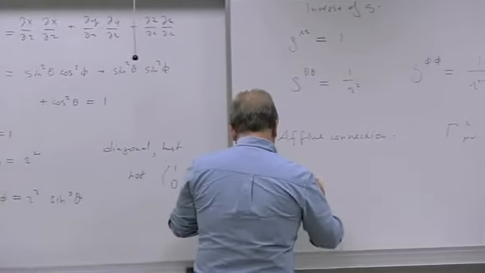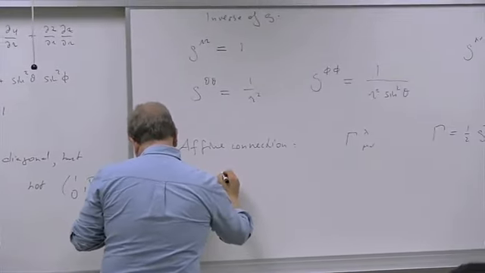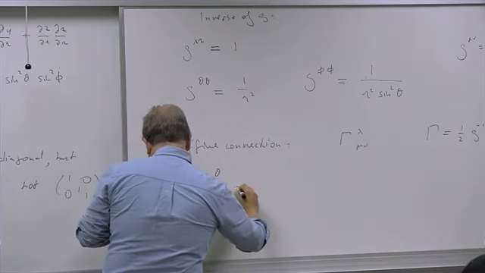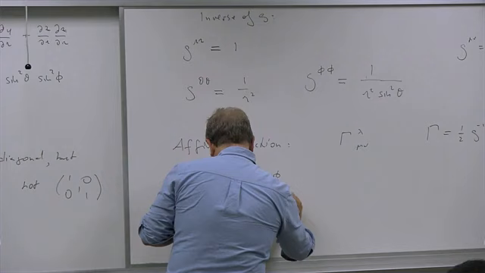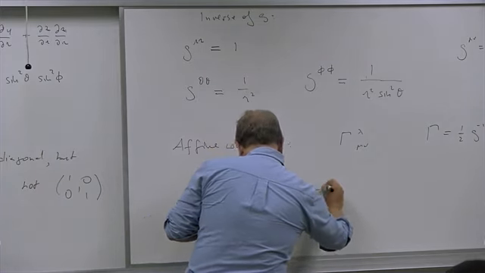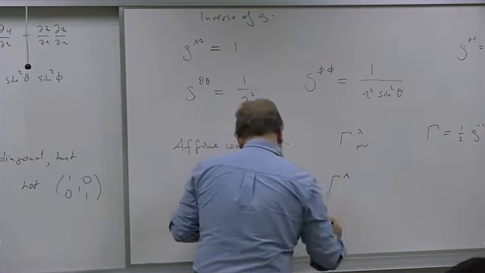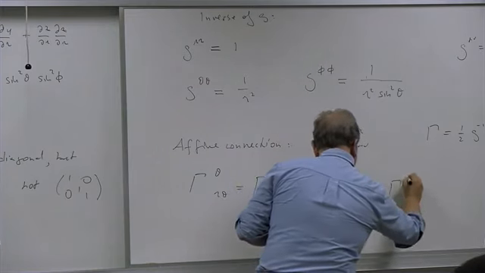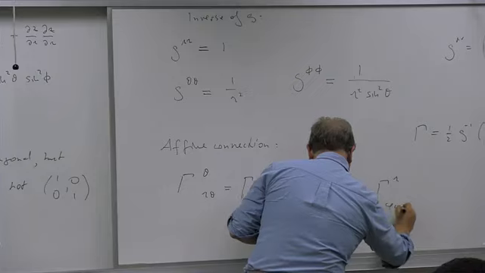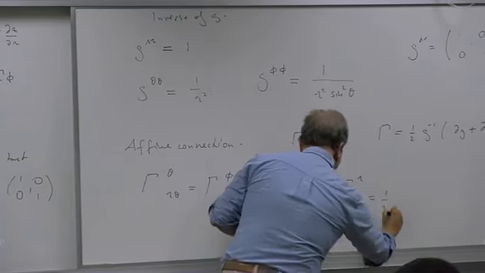And the answer is that gamma^theta_{r theta} is equal to gamma^phi_{r phi} is equal to minus gamma^r_{theta theta} is equal to minus gamma^r_{phi phi}, and that is equal to 1 over r.